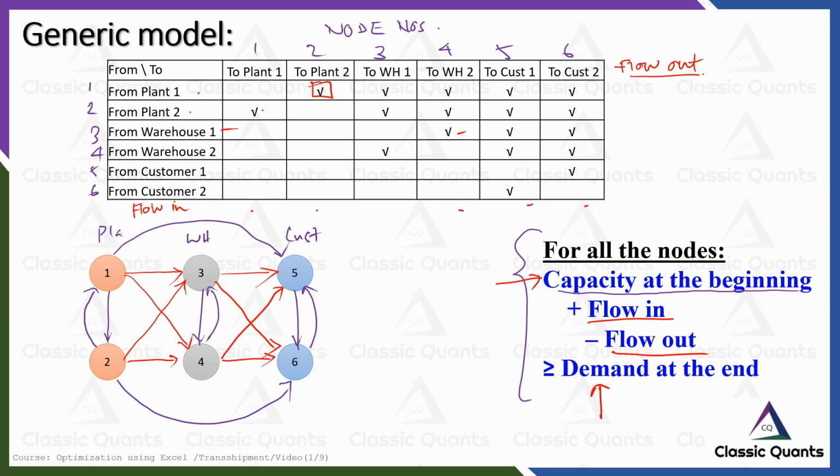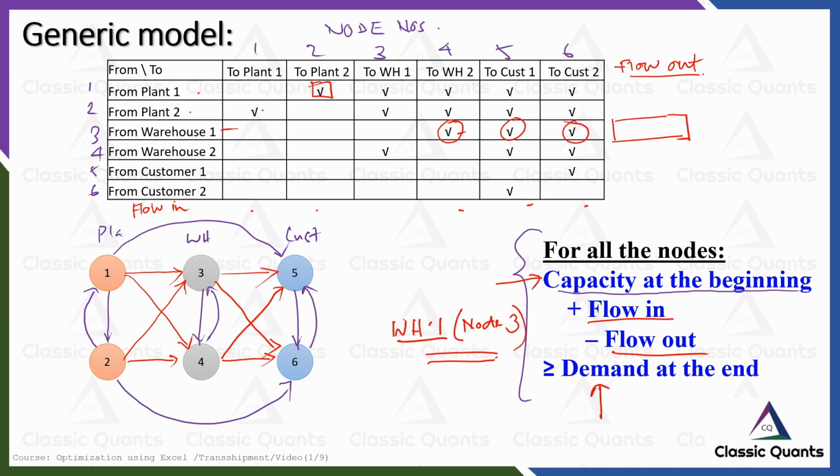For example, take the node warehouse 1. What is the node number? Node number 3. For node number 3, what is the flow out? Flow out is this particular sum. What is this? This plus this plus this.